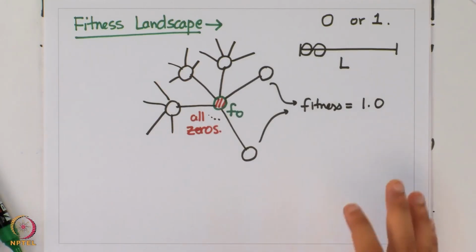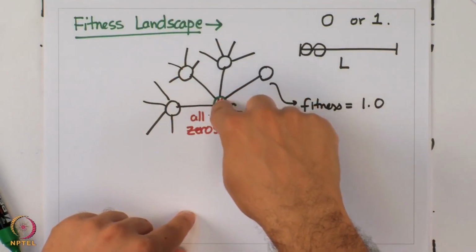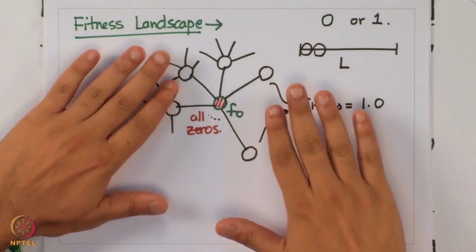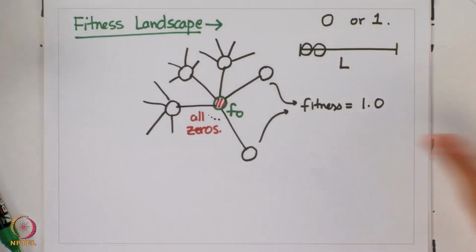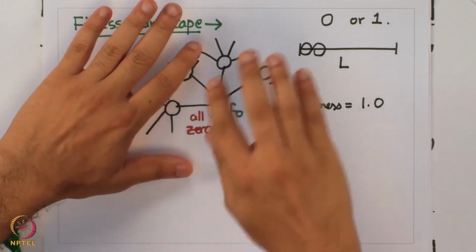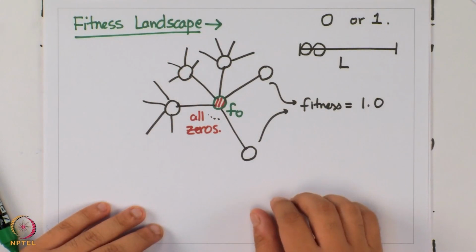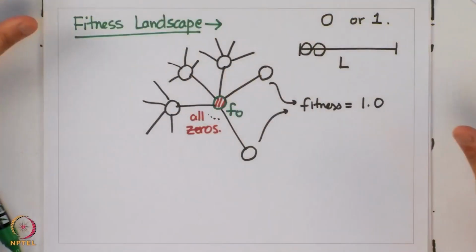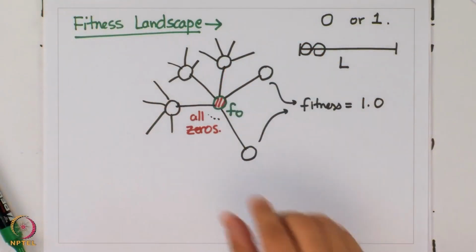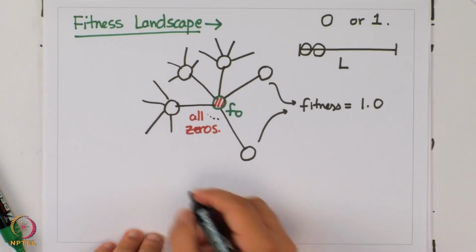Now you can imagine this structure as a peak where there is one point which has a fitness value of f naught, and we know that f naught is more than 1, and all the other nodes have a fitness value equal to 1. So, this is just a plateau with this one node centered on this depiction having a fitness value of f naught for that sequence. That is the landscape that we have: a plateau with every node having a value 1 and a sharp peak with a value f naught bigger than 1. But for the sake of simplicity, we can just represent this like this.